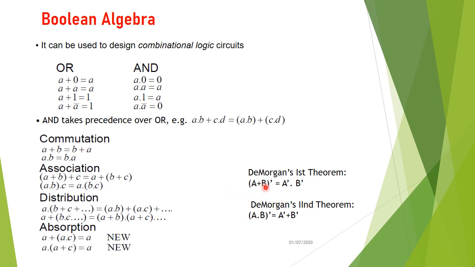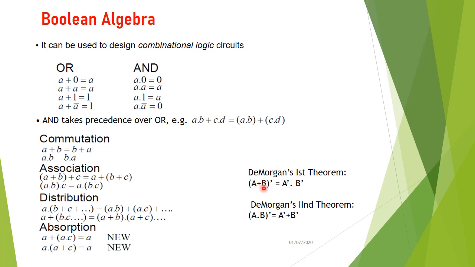The first De Morgan's theorem talks about the value of complementing variables when they are first ORed, and that will be equal to their complement ANDing value.